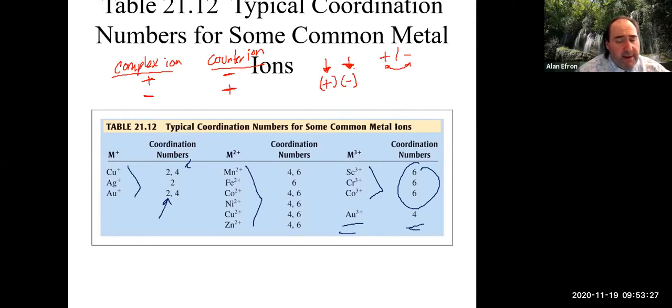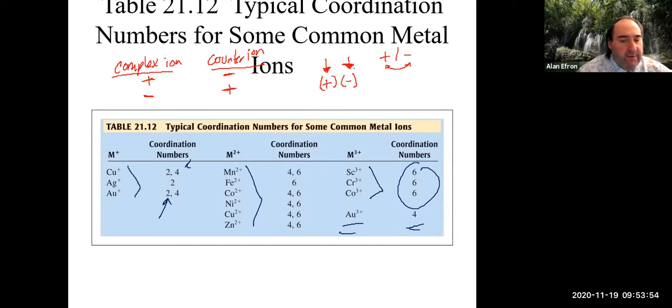A bidentate ligand can attach to the metal at two different locations per molecule of ligand. Monodentate means they can only bind at one place per ligand, and polydentate, as we'll see, can bind at multiple places per ligand.